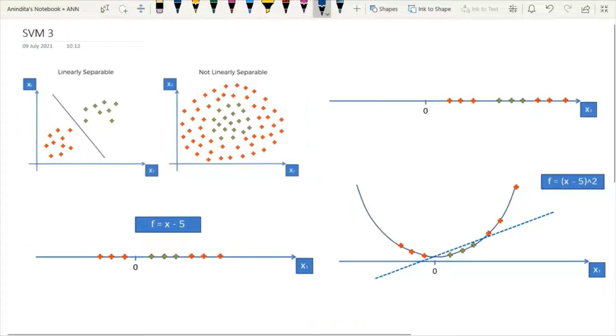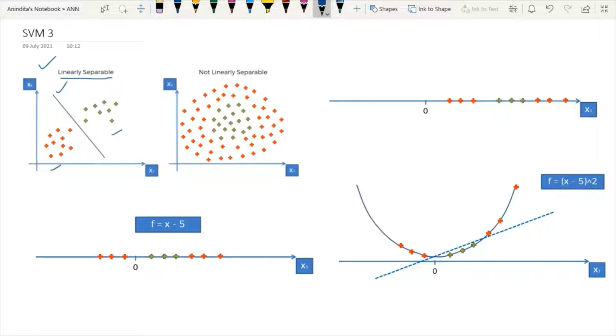Now consider a situation. I was talking about this, whenever we have two classes and here we are dividing those classes by a single line. This kind of situation is known as a linearly separable situation, where we have a boundary which is a straight line.